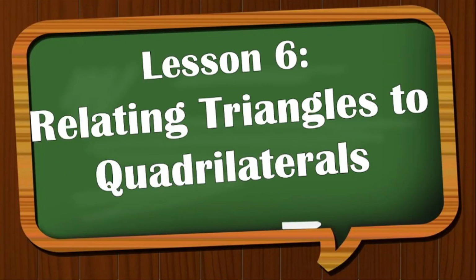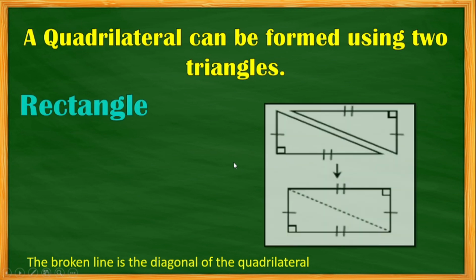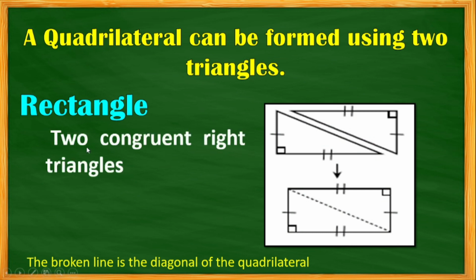So, let's proceed to our lesson for today. The topic is relating triangles to a quadrilateral. A quadrilateral can be formed using 2 triangles. So let's have a rectangle. A rectangle can be formed by 2 congruent right triangles.